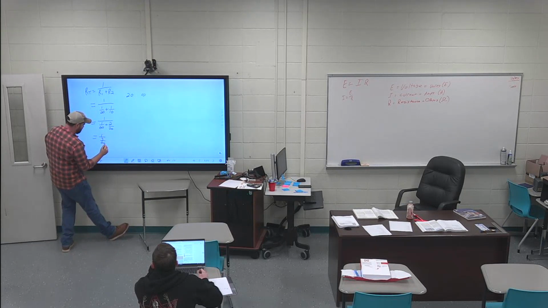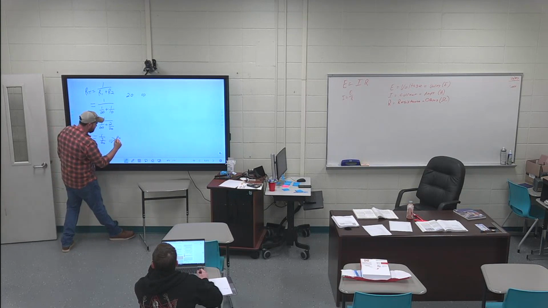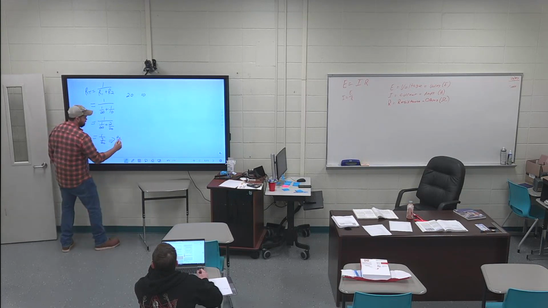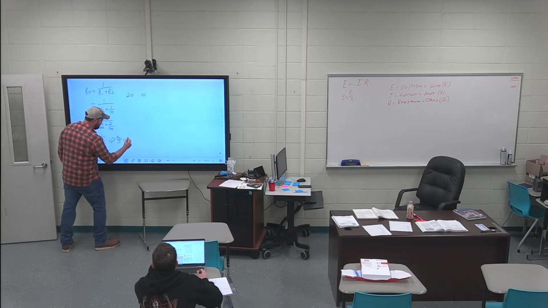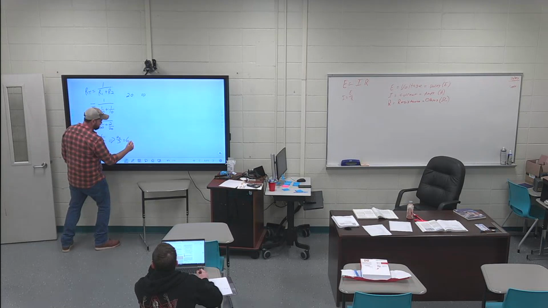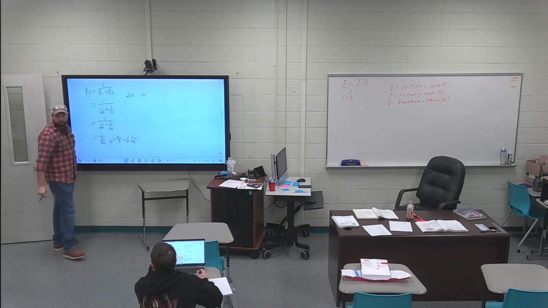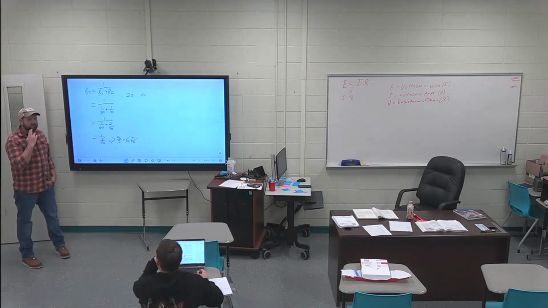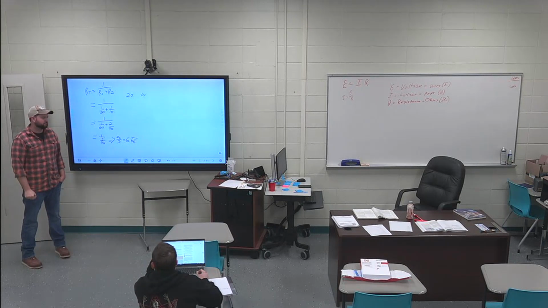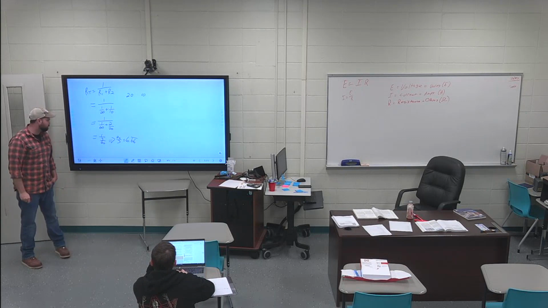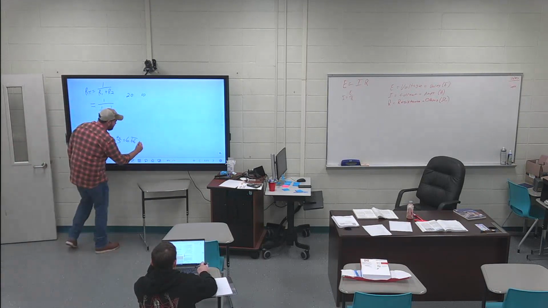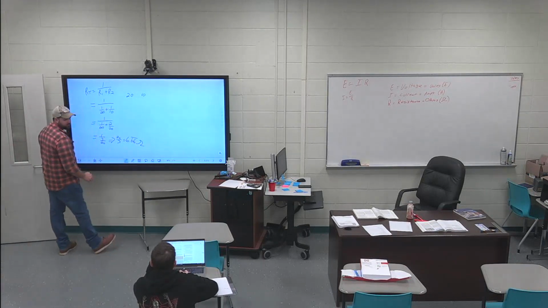And then that calculates to be 20 over 3. Will somebody put that in their calculator? Yeah. 6.66 repeating. So that is my equivalent resistance.